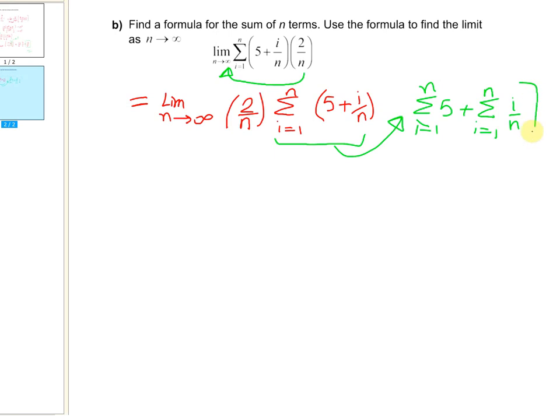And this result is multiplied by a constant, which is 2 over n. So we can write our solution as limit as n approaches infinity, 2 over n.